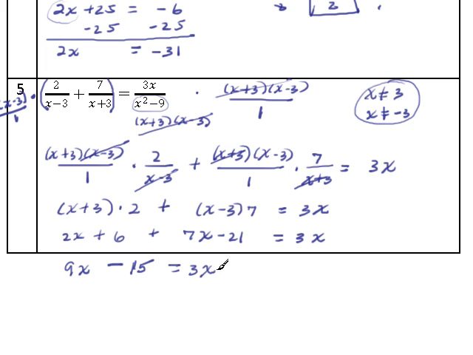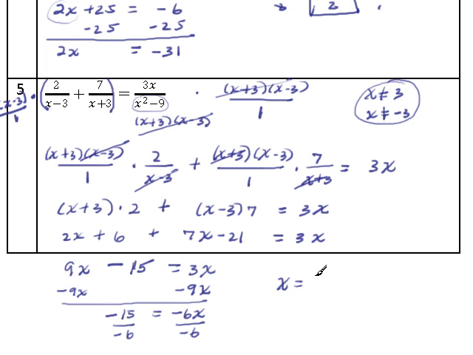Okay, and now I want to get x by itself, so I'll subtract 9x from both sides, and we'll have the x term by itself on the right. So here we have minus 15 is equal to minus 6x, and finally just divide by that minus 6.